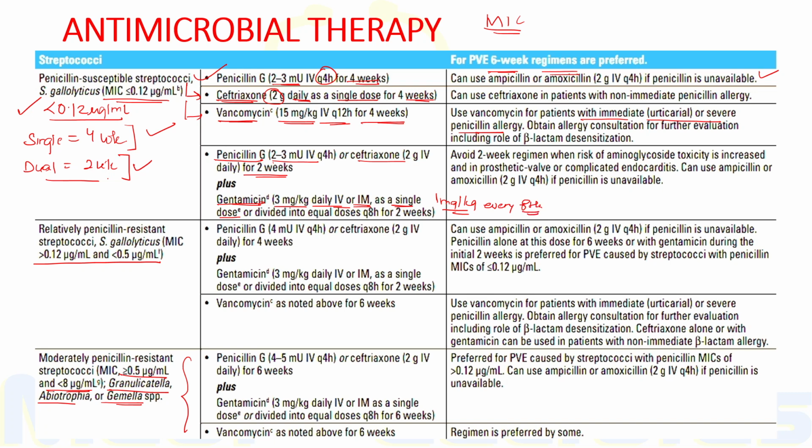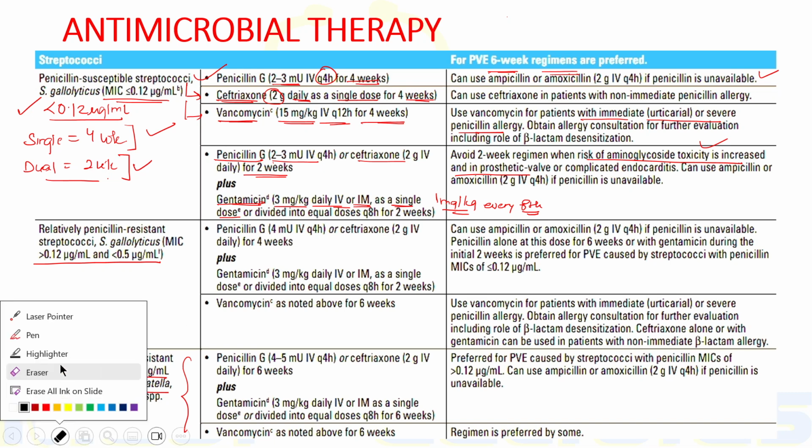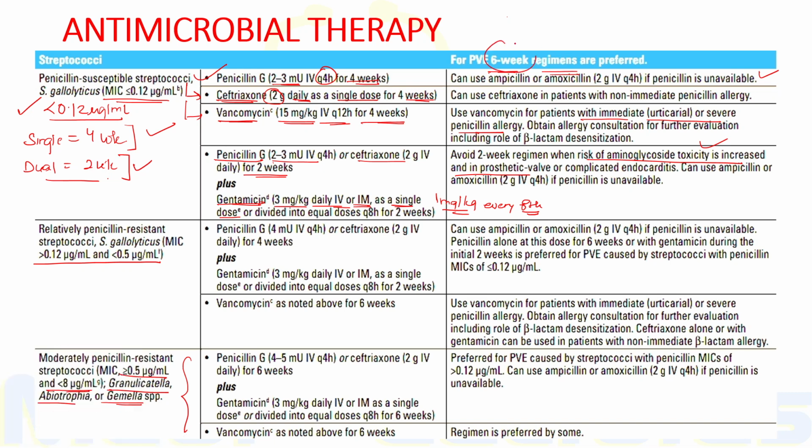This gentamicin is limited to 2 weeks in most cases to minimize nephrotoxicity. Also, we avoid this 2-week regimen when there is risk of aminoglycoside toxicity and in patients who have prosthetic valve or complicated endocarditis. It is to be kept in mind that for prosthetic valve endocarditis, a 6-week regimen is preferred over a 4-week regimen.